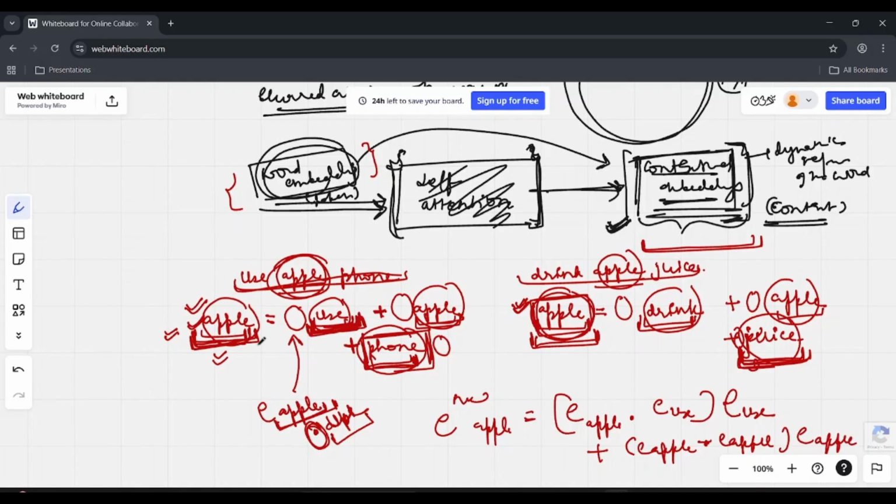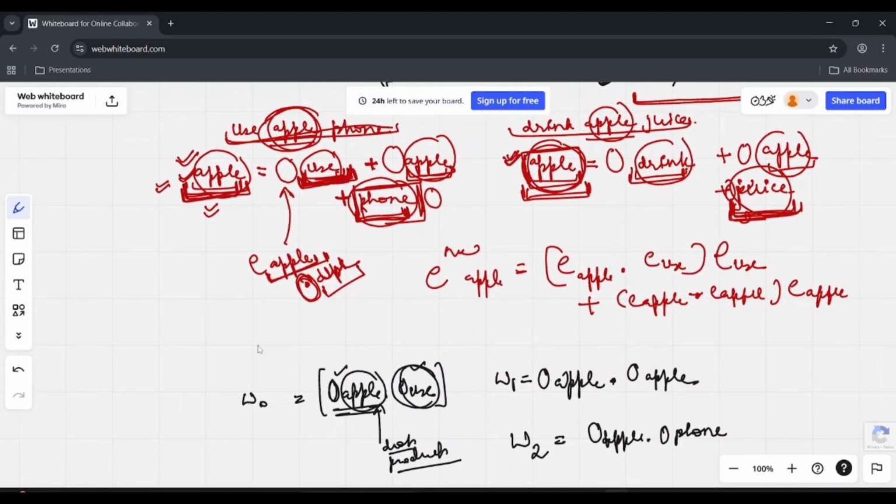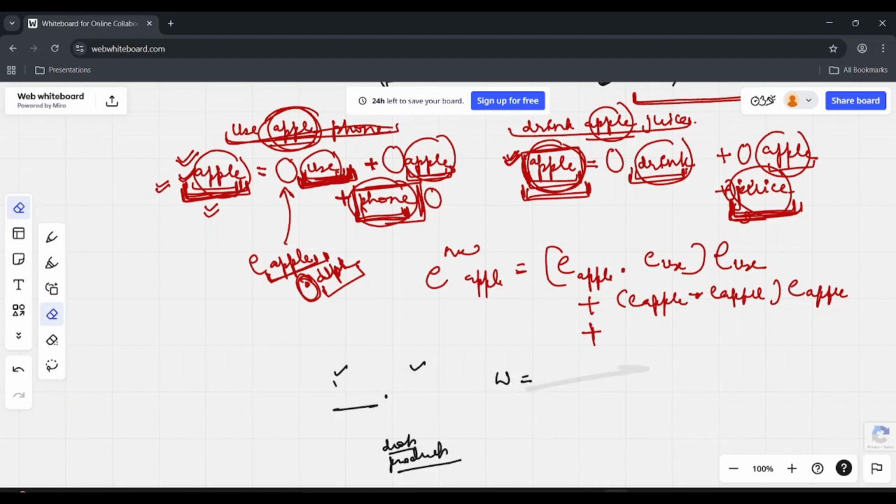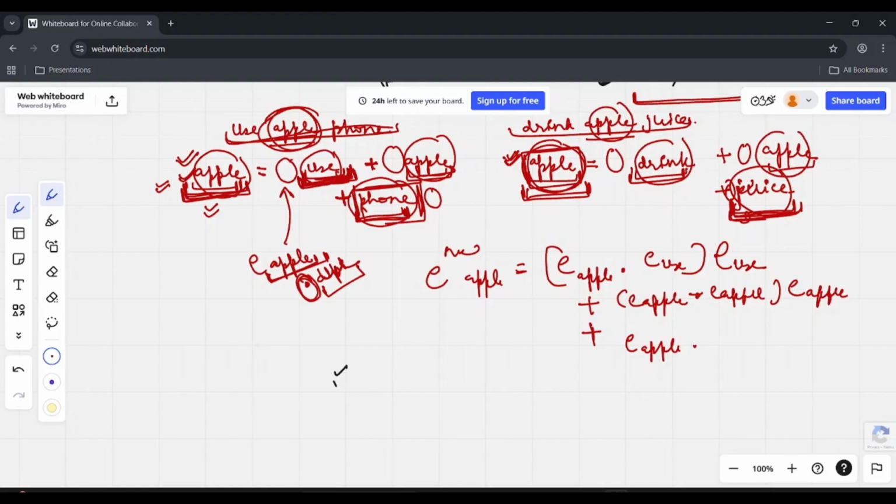If I just go down here, let me erase this thing. It will be the embedding of apple dot product with the embedding of phone, and the embedding of phone. And we are getting the new embedding of apple.